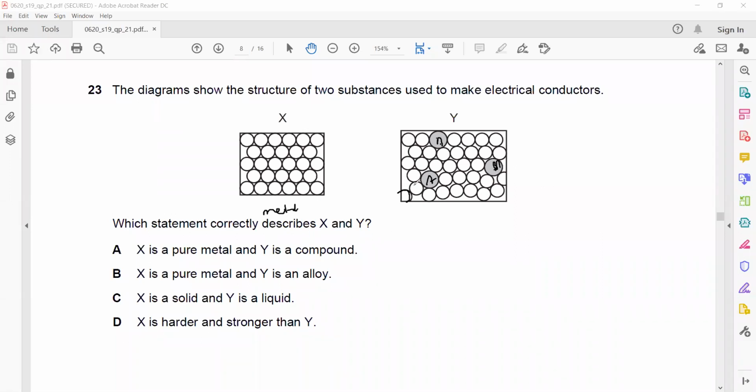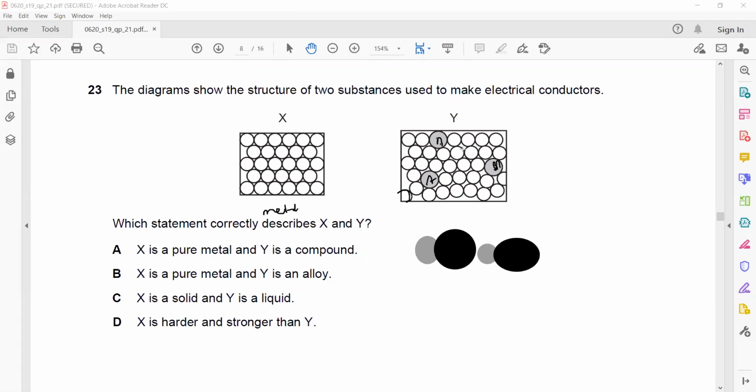Why? Look how we distinguish it's not a compound, because if it was a compound, then the distribution should be the same. If there is one positive ion, then there will be another negative ion, then positive ion, then negative ion. The same distribution should be there.